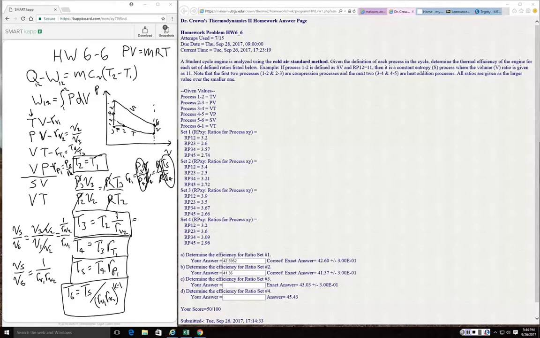So this would be T1 over R V2, and this one would be T1 over R V2 times R T1, and so on. I could do that for every term, write them all as a function of T1. And then finally, I need to find the work and heat transfer that's appropriate for each cycle. So I'm going to erase these. I'll keep my temperatures in there on my piece of paper.